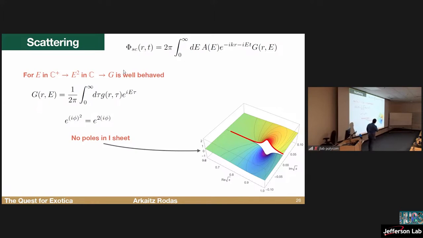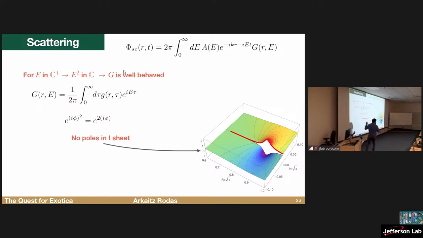Now, this exponential, i times i, is a minus, right? So in the upper part of the complex energy plane, we could get a decaying exponential here in the integral, which makes everything converge. So this function is well behaved, and so scattering in the upper part of the E-plane is well behaved. There are no faults.